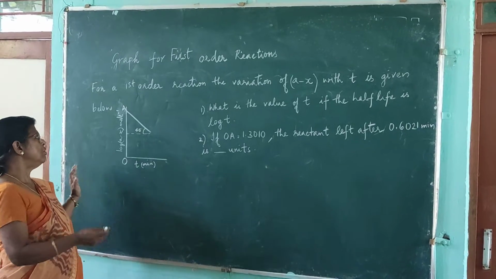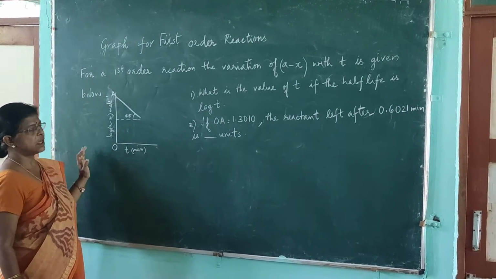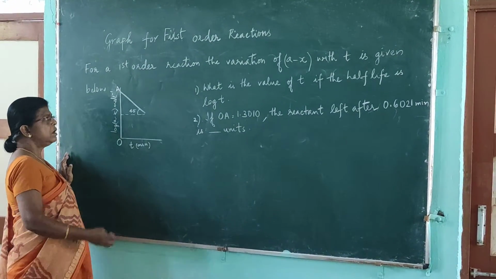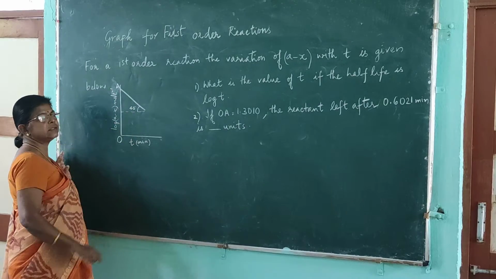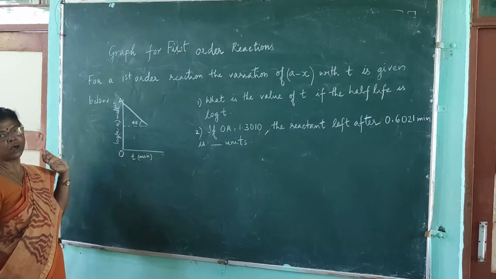Now when you see the graph, it is given as a graph for a first order reaction. The straight line is exactly similar to our first order graph.